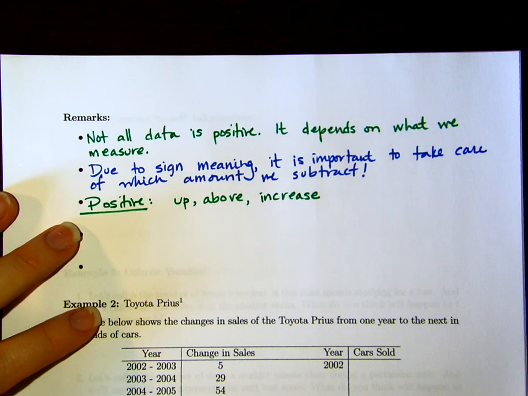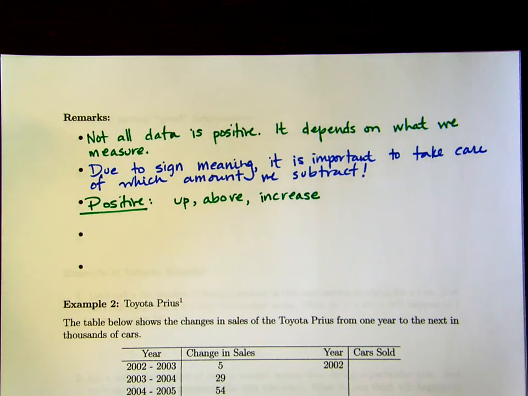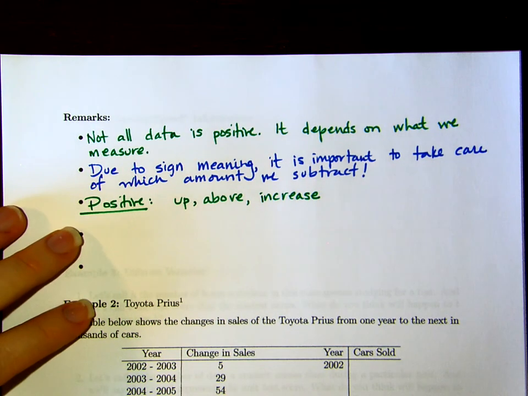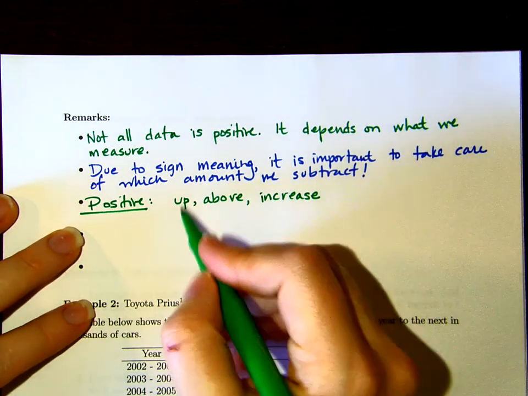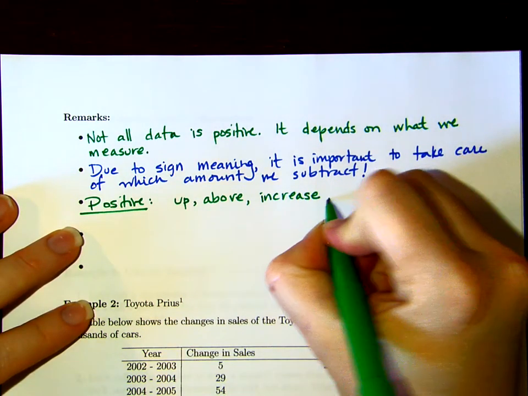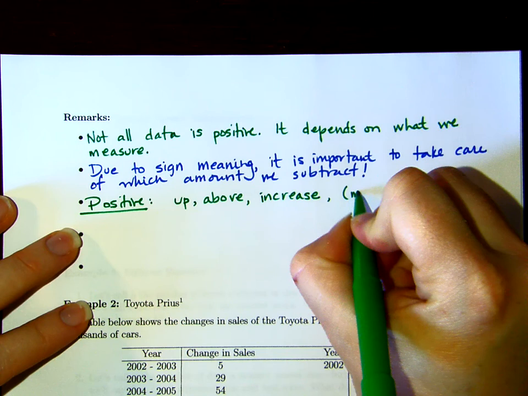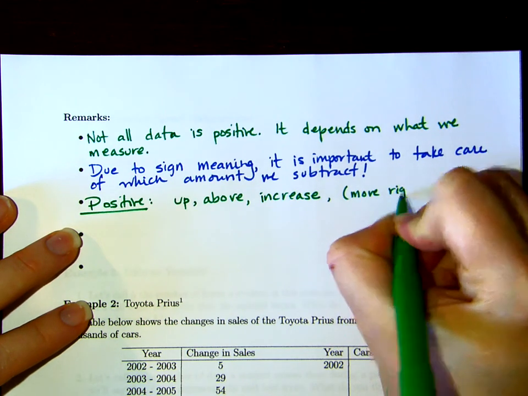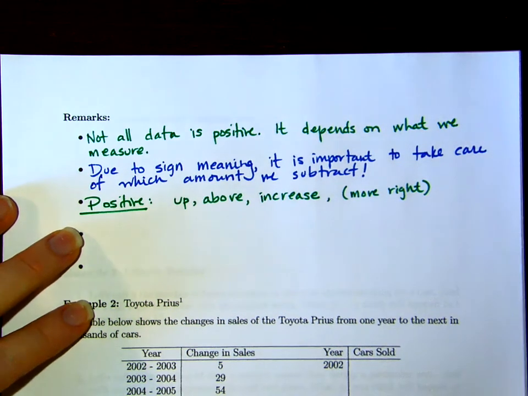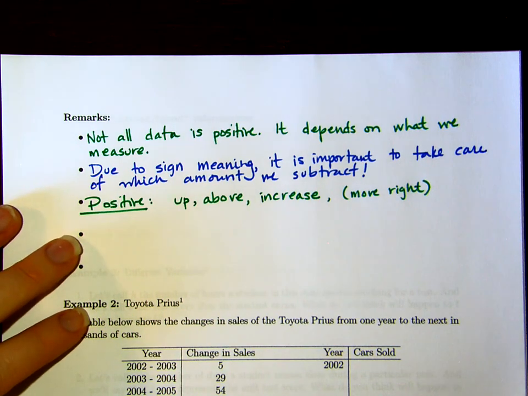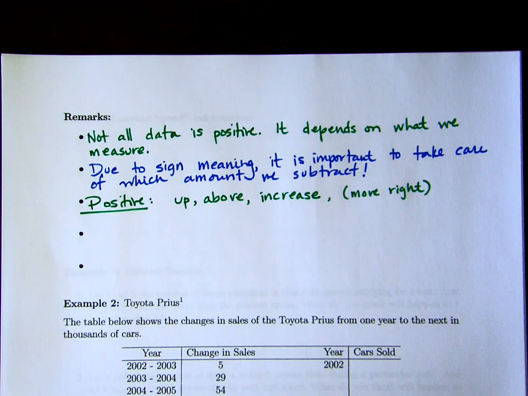So movement. Oh, sometimes it actually means go to the right. Okay, so positive movement can mean, so it could be directional. Let's see. Positive. Increase, up, above. I'm sure there are others, but those are the biggies in terms of meaning.